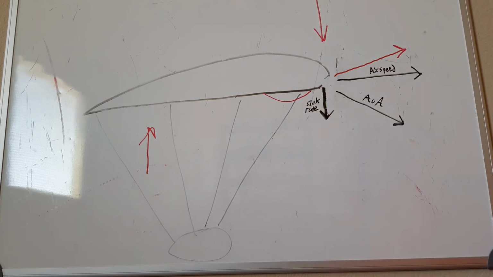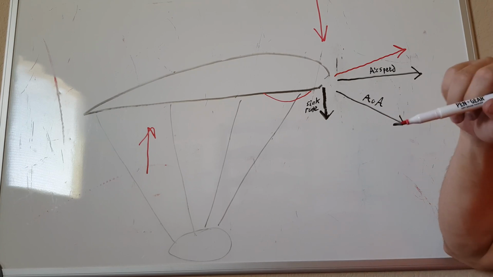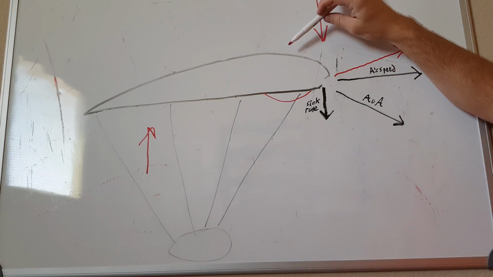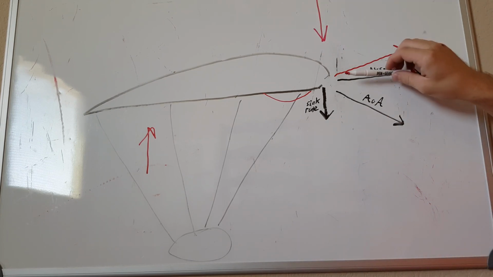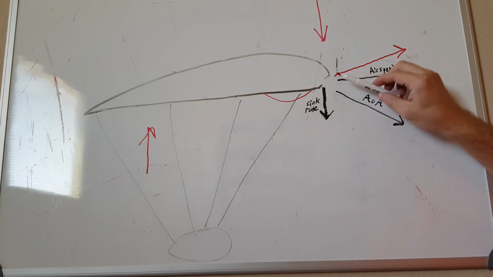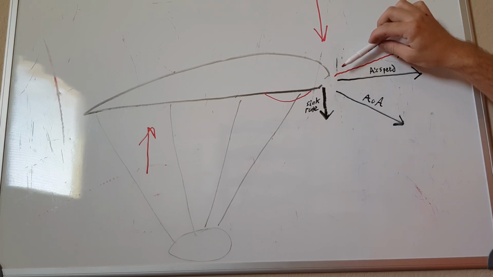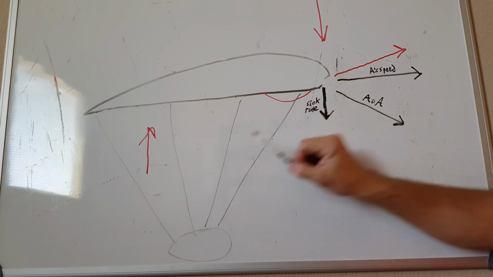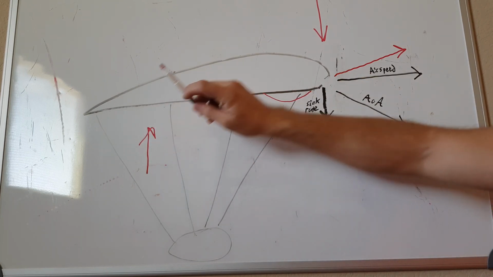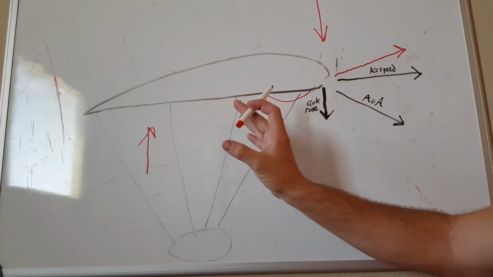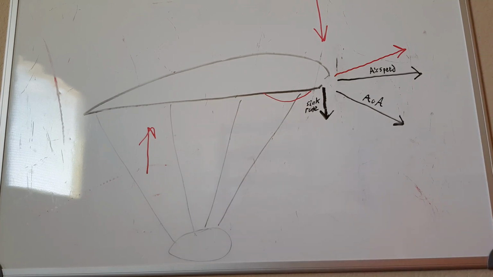So it's that transition period where your lower pressure that was here has now moved to here because your angle of attack went from this direction to this direction. You get the lower pressure here, but you still have higher pressure here. The wing folds, and that's where you get your collapse.